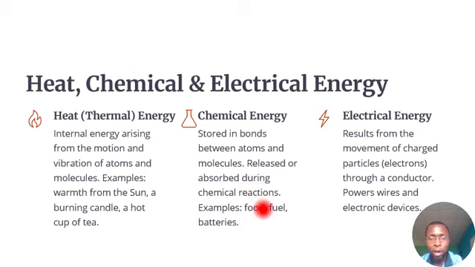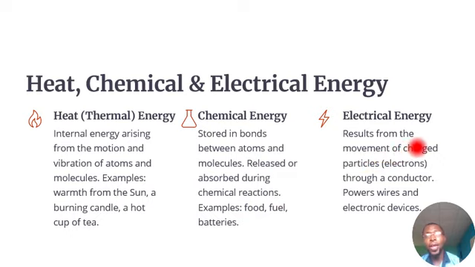For example, the food we eat is stored as chemical energy because the molecules that hold the food atoms together are the ones that store this chemical energy in them. We also have it in batteries and the fuel we make use of.